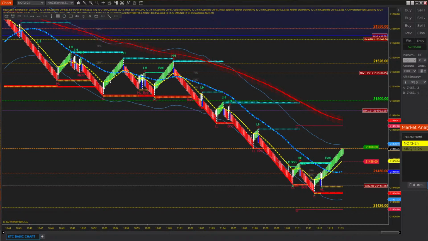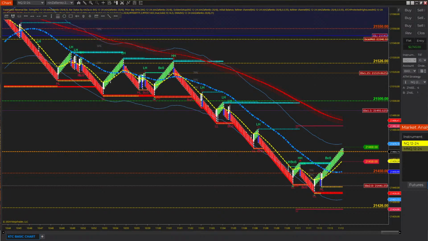Yeah, you got to the oversold because we're at the minus 2.75 deviation.